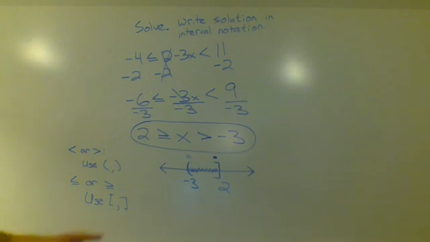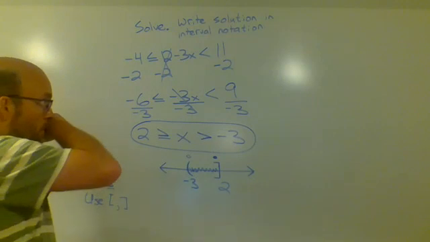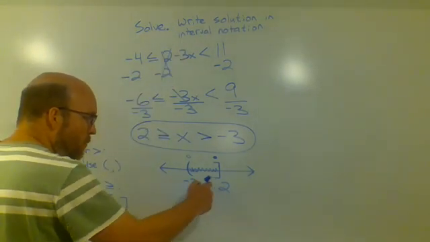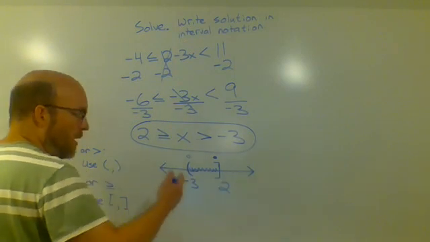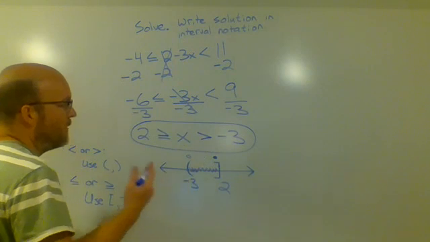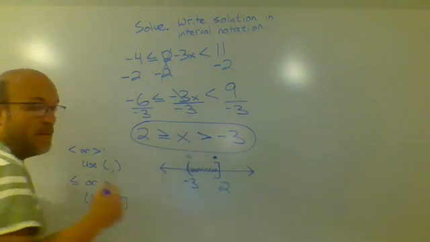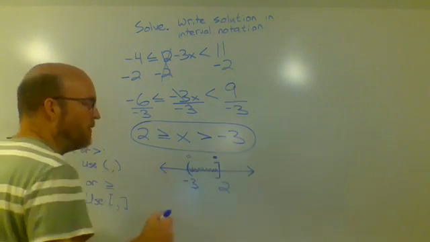Okay. Once you have it on the number line, there's no more work to do. And the interval notation is nothing more than just writing down the 2 endpoints of your shading. Depending on the problem, let me take a step back here. If you're working with a 3-part problem, you are going to have 2 endpoints. If it's just a single inequality, then you're going to have the shading go forever in one direction.